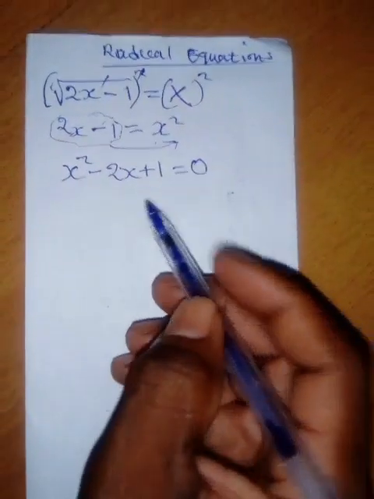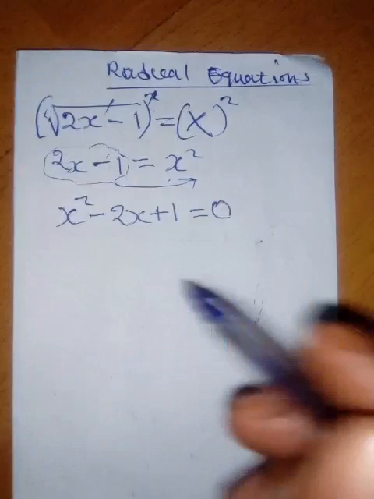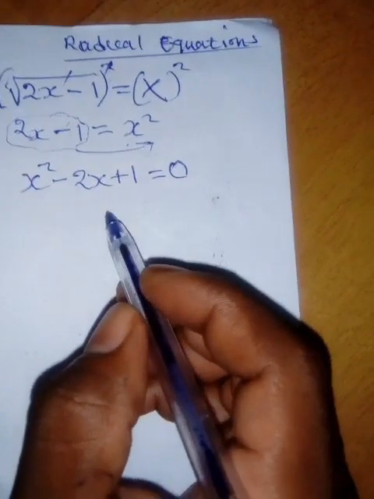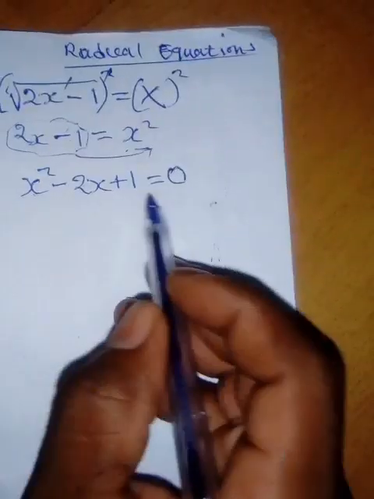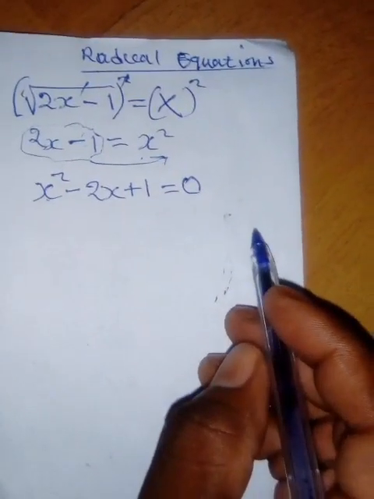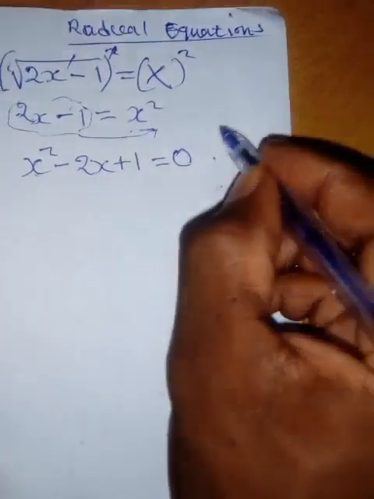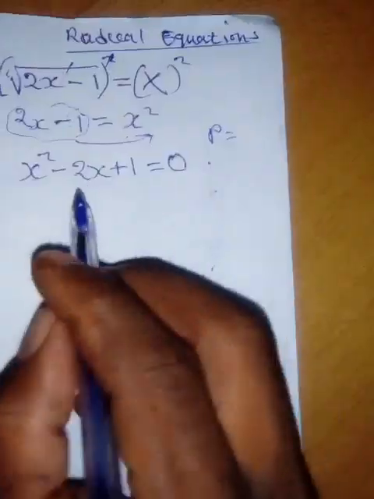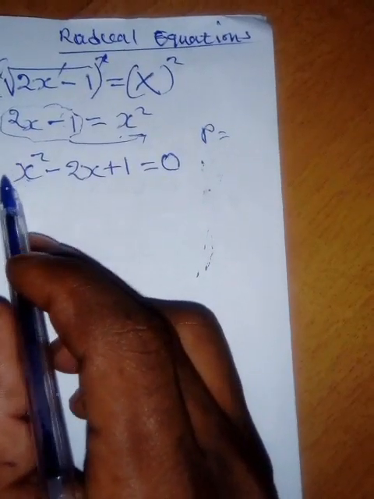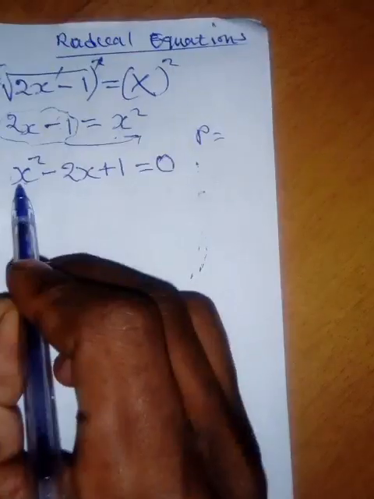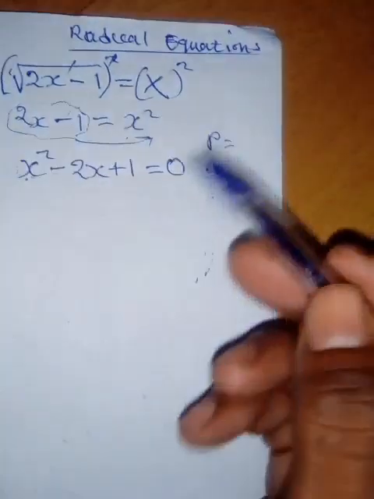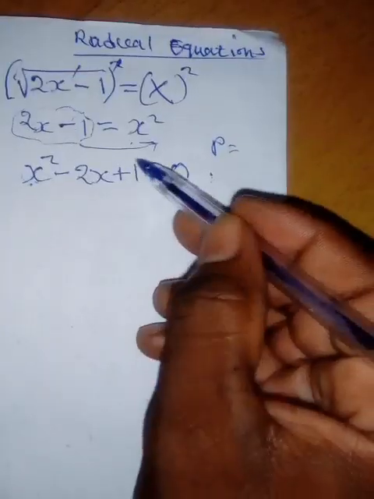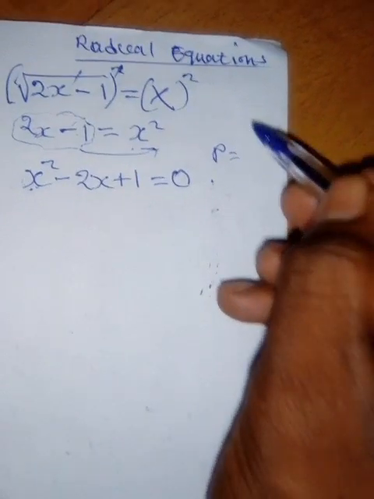From here, since this is a quadratic equation, we can find the product. The product is the coefficient of a times the coefficient of c, which is a times c.